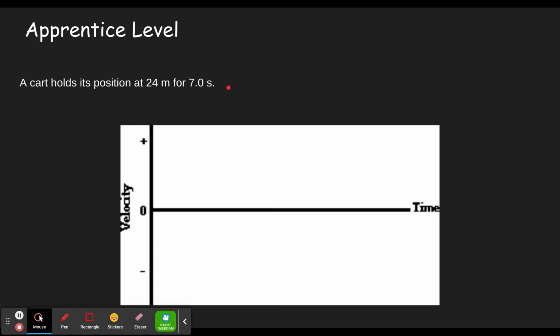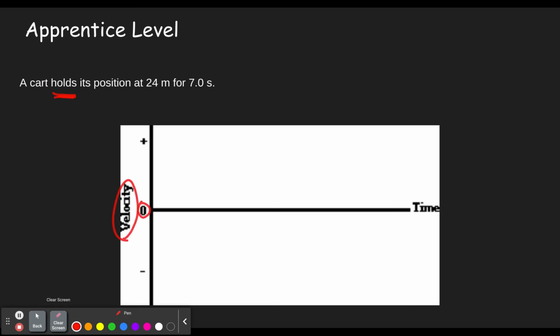So this one, a cart holds its position at 24 meters for 7.0 seconds. One of the key words here is that it holds its position. In other words, it's staying in the same place. Well, if you've ever been in a car that's staying in the same place, you know what the speedometer reads.